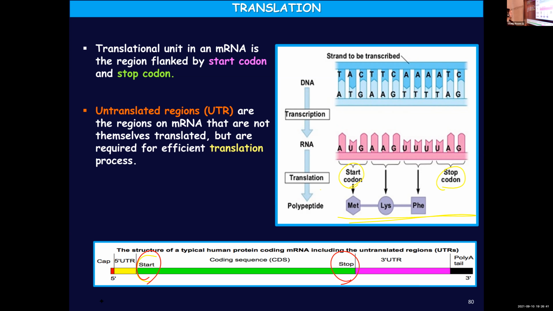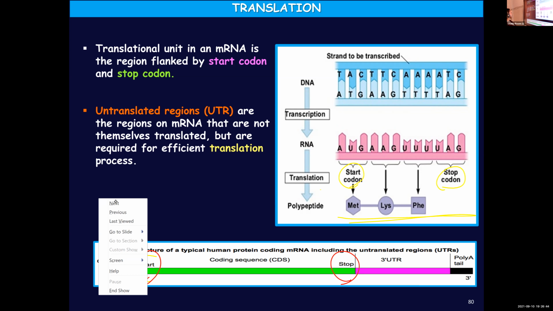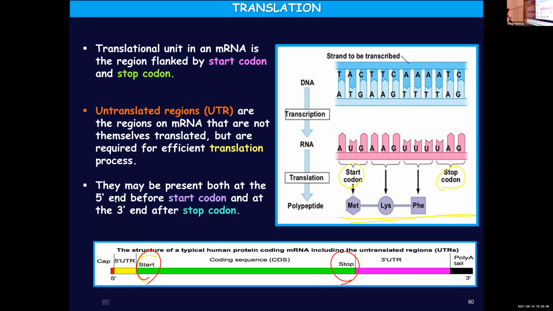You call them UTRs, or untranslated regions. These are regions on messenger RNA. They don't take part in translation, but they are necessary for the translation process to proceed. For translation to take place, these untranslated regions are needed. They are not translated into proteins, but their presence is needed for translation to take place.